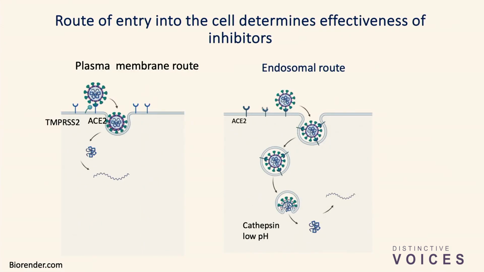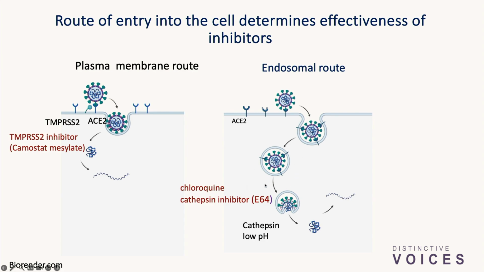But the reason that it's important at all is that it would tell us what kind of inhibitors, or antivirals, might work, because you can use camostat, which is an inhibitor of this protease, TMPRSS2, to prevent entry by this route, or you could use chloroquine or a cathepsin inhibitor to prevent infection by this route.